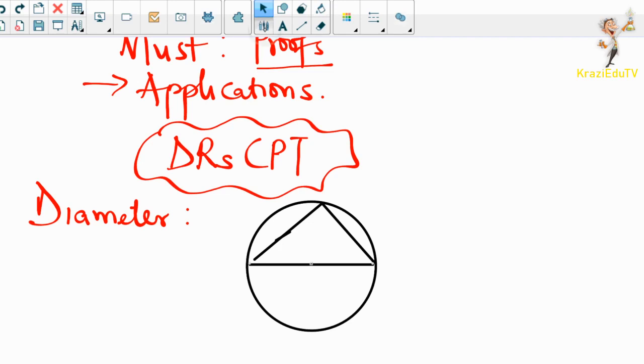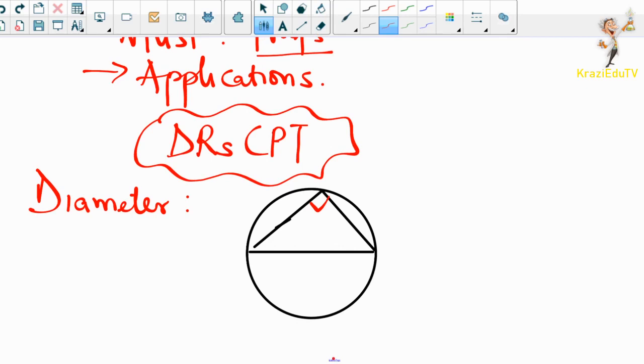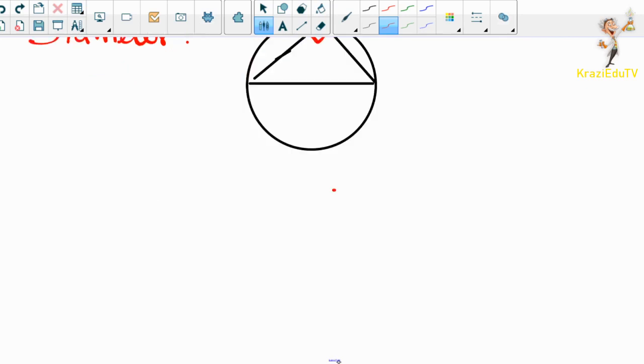And once you see that, what's coming to your mind? Angle in a semicircle. So once you see the word diameter, start thinking about this. In most cases, this is hidden somewhere. Alright, let's go for the next one.